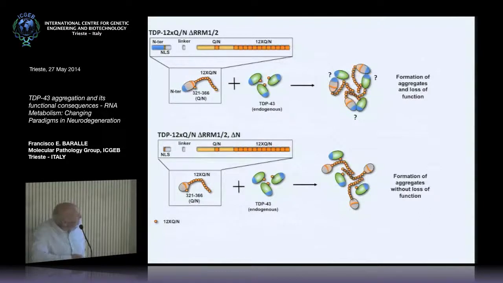Our current model is this one: there is a point of interaction that we have not yet mapped on the amino terminus of TDP-43, that interacts with part of the endogenous molecule, sequestering it to the aggregates. You may have aggregates, but if you don't have this region in the inducer of aggregation, you don't get an efficient capture. So you get some, but not all the endogenous.